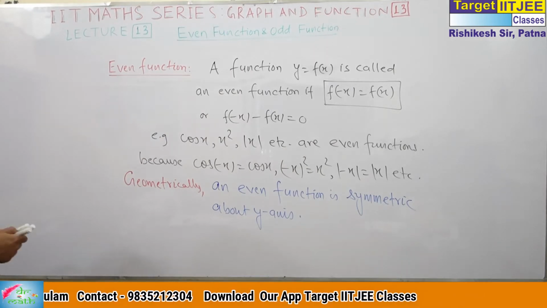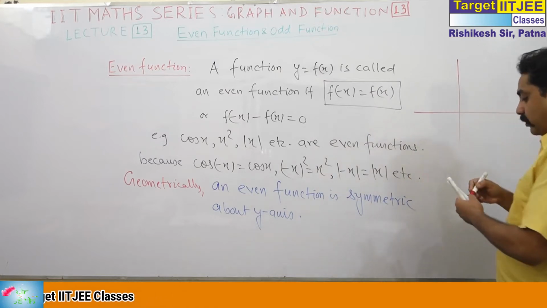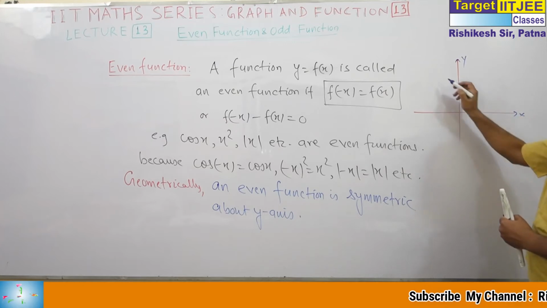For example, you can see the graph of x square. Recall the graph of x square. This is the y-axis, this is the x-axis, this is x square.